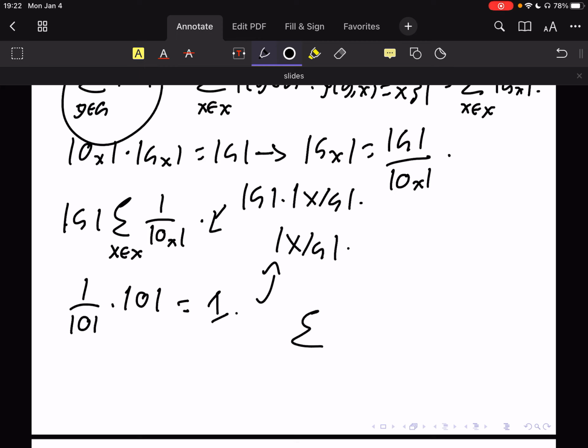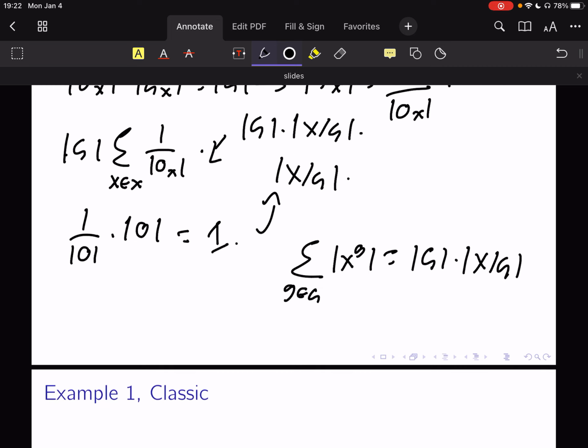So we have that the sum over g in G of |X^g| equals the cardinality of G times the cardinality of X/G, and the result follows because we can simply divide by the cardinality of G on both sides, and we get the theorem statement for Burnside's as desired.